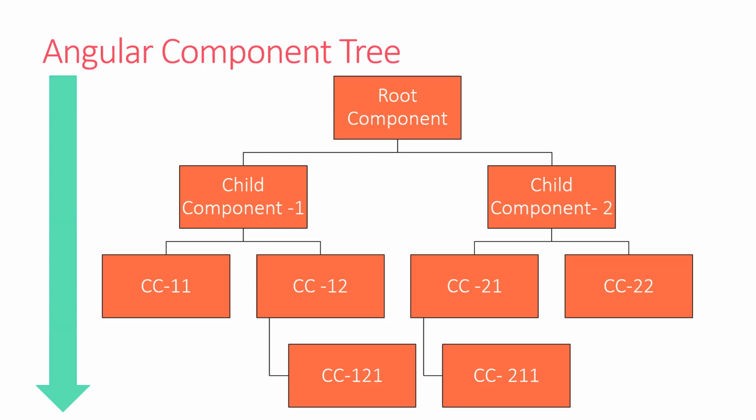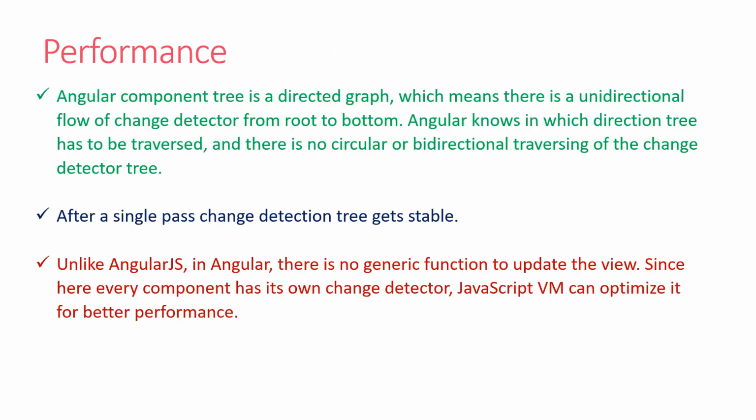Any child component you click, it will traverse the whole Angular tree in the default scenario, if you have not done anything, just writing components. Definitely we can avoid it, which we are going to learn next. Okay, good. Next question.